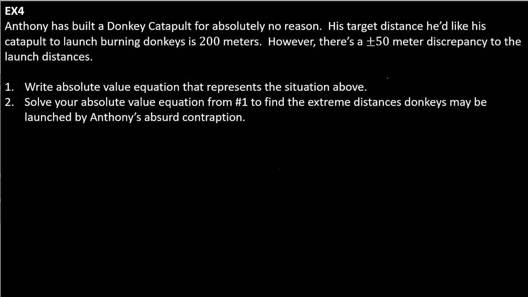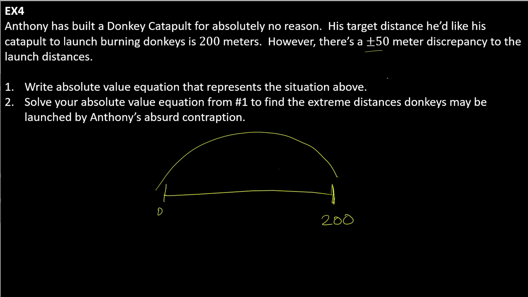So let's draw a picture, right? Here's where we're at. It's always going to launch a distance of 200 meters, right? That's the distance that we would like anyway. But there's always a plus or minus 50-meter discrepancy.